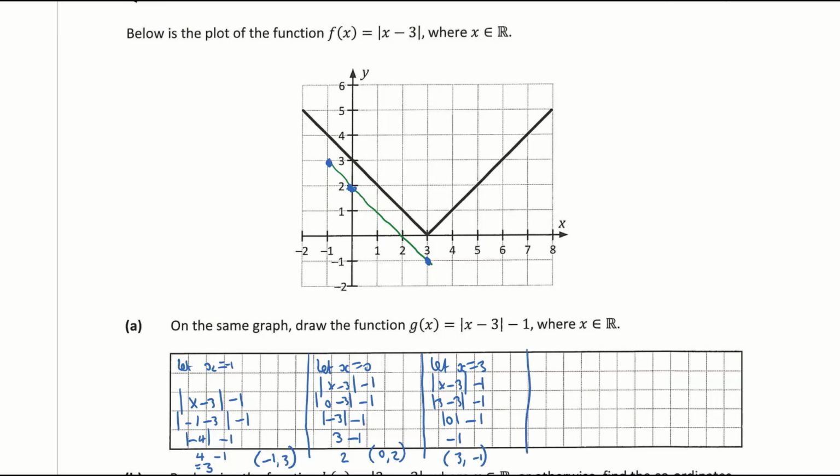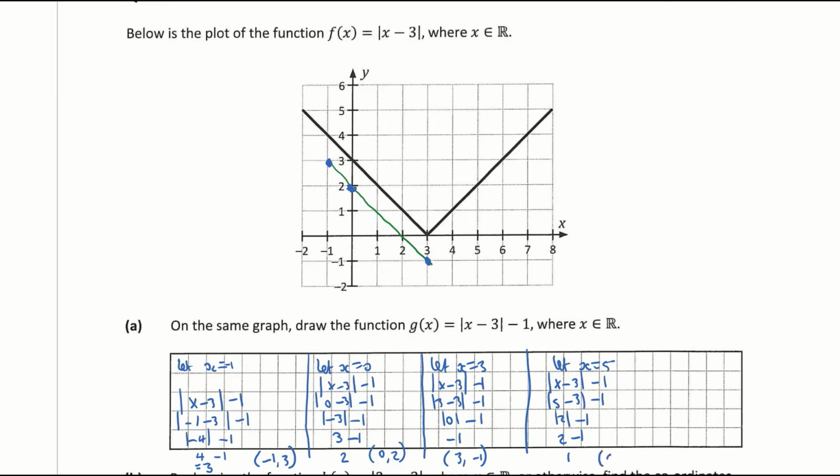Let's try x is equal to positive 5 now. So let x is equal to 5. So x minus 3 minus 1, subbing in 5 for x, we get 2 minus 1, modulus of positive 2 is 2, so I get a point of 1 for my output.